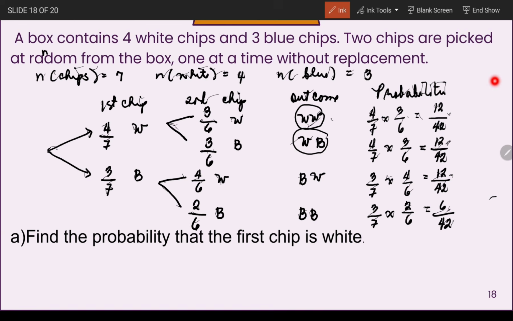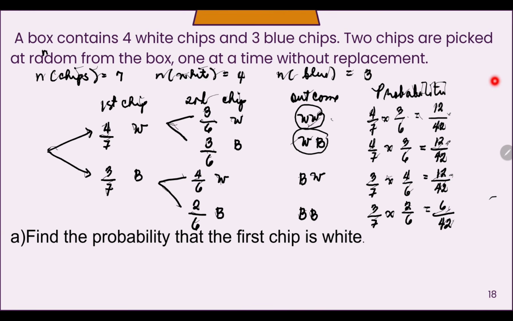So we take this one. Find the probability that the first chip is white. So we have already said first chip is white. It does not matter what the second chip is. Therefore, we now add up the two. What will that be? That's 12 out of 42 plus you have 12 out of 42. Thus, we now have 24 out of 42.